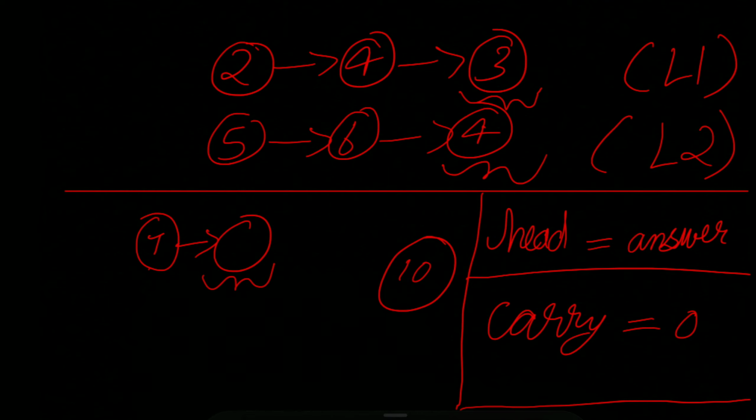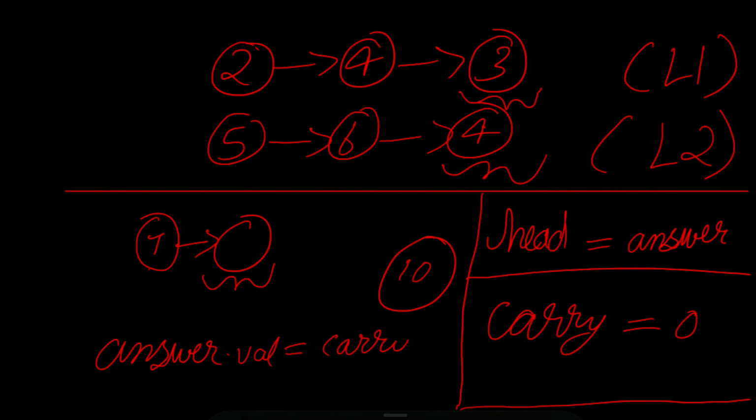So we can do answer dot val. It'll be equal to, we can just do modular division for this. So this will be equal to 0, right? So answer dot val equals 0, because 10 divided by 10 will give you 0 as the answer.